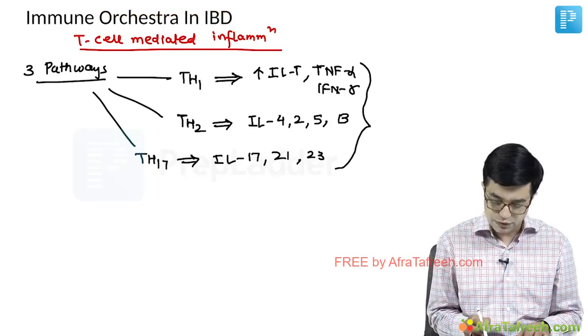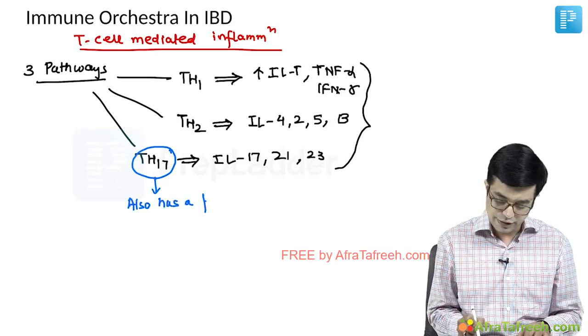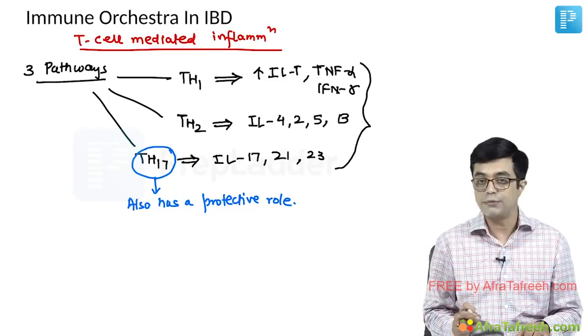However, it is not so simple. It is found that Th17 also has a protective role. So, a dual type of role is seen, and this is where the role of microbiomes and environmental factors come into play.